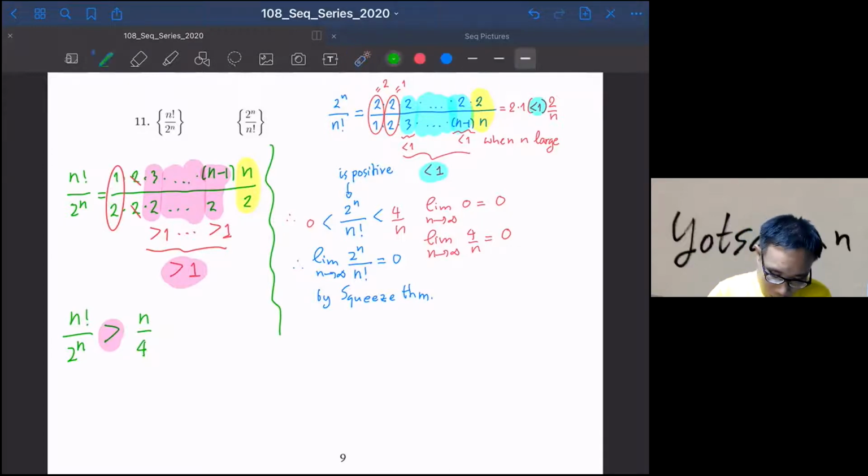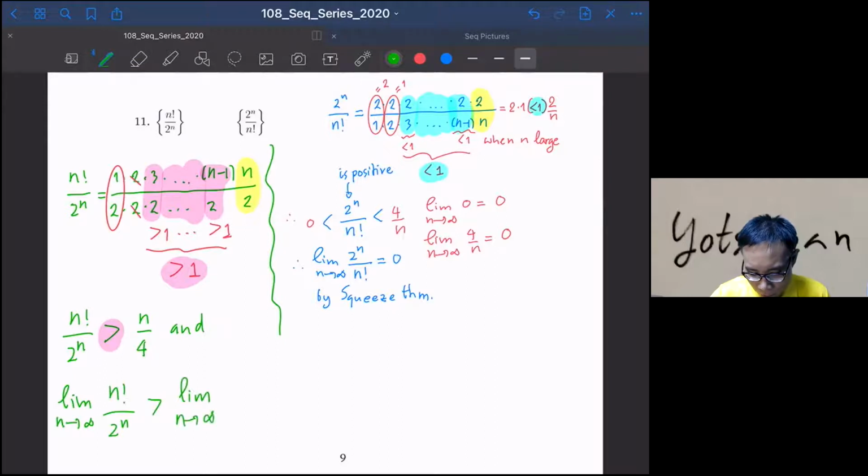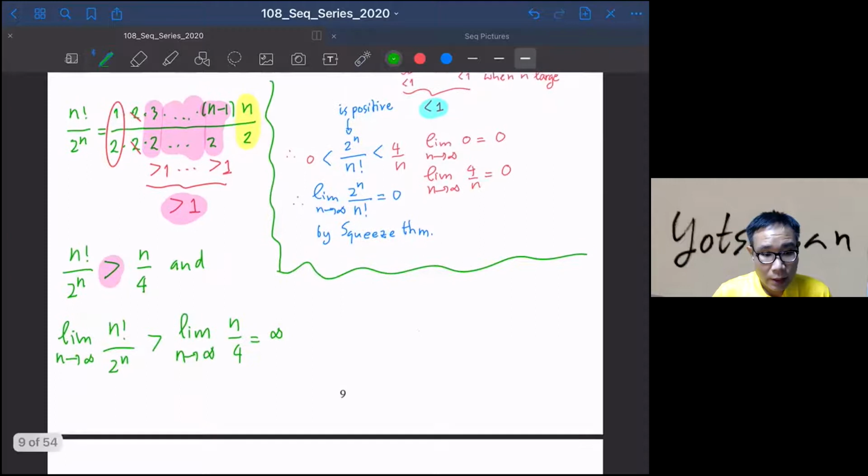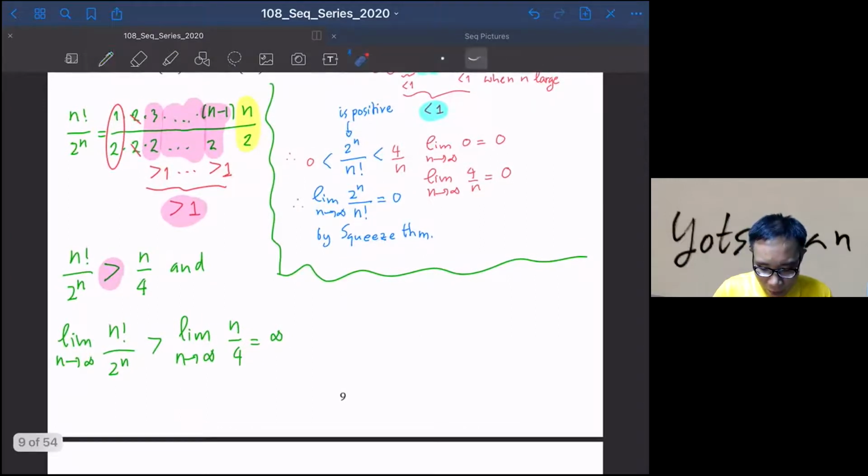And so we can take the limit of both sides. The limit as n goes to infinity is more than the limit as n goes to infinity of n over 4, and that turns out to be infinity.